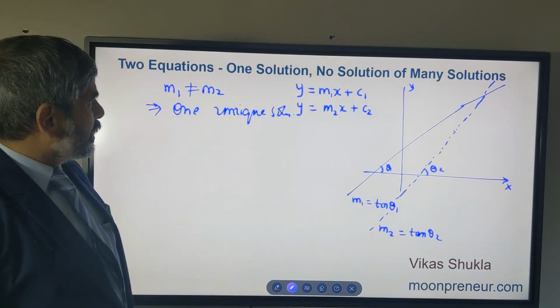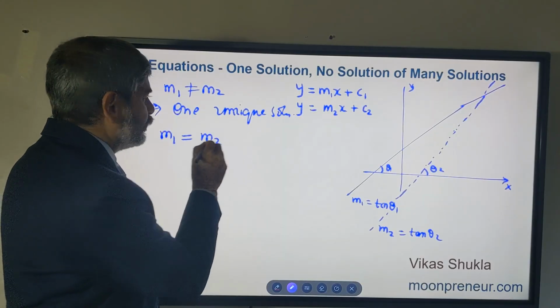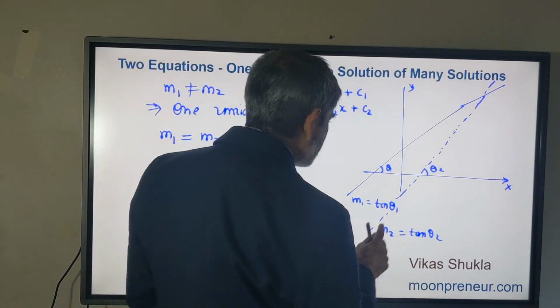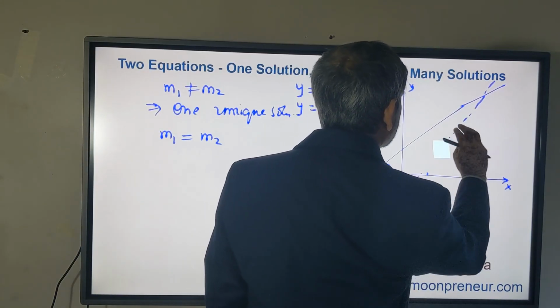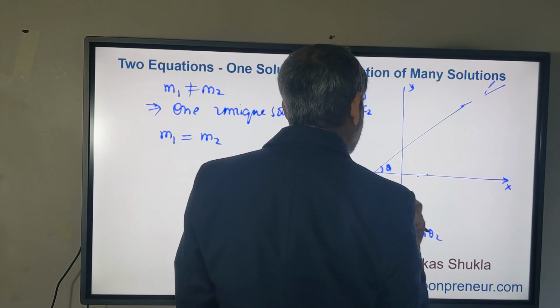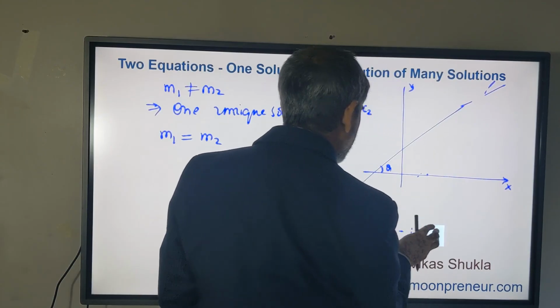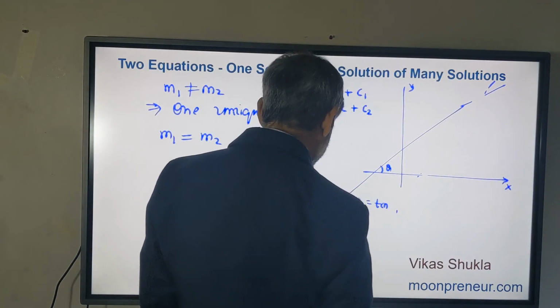Now let's say m1 is equal to m2. When m1 is equal to m2, this line, which looks like this, is going to be parallel to the first line, and this will typically look like this.